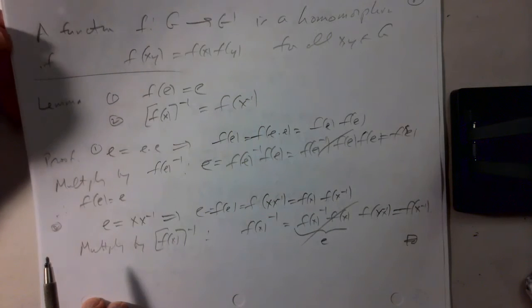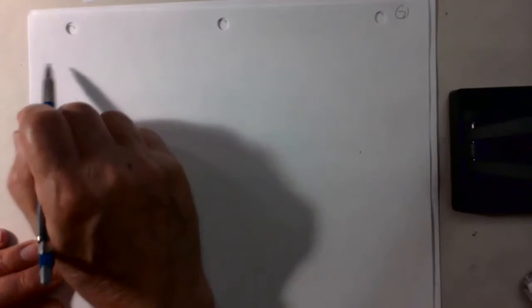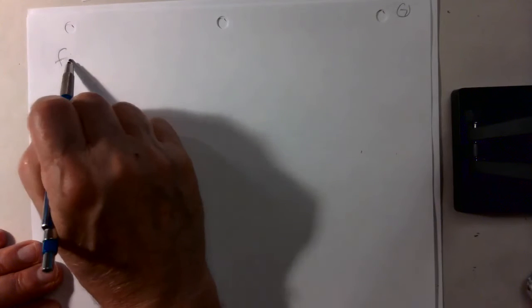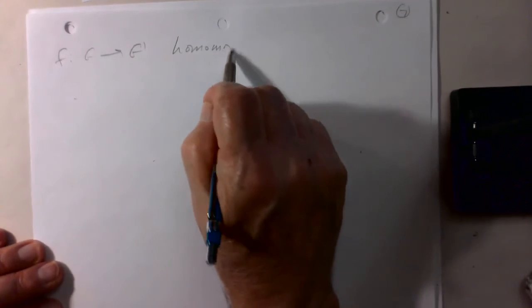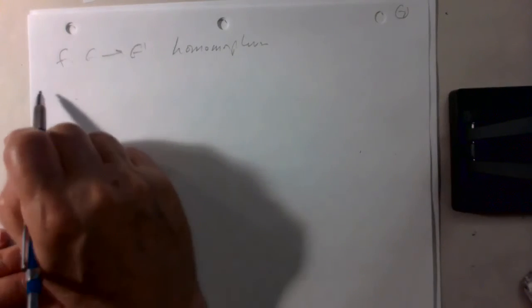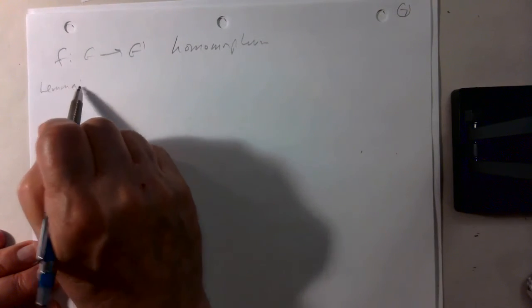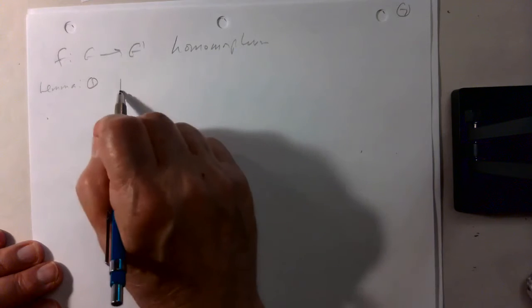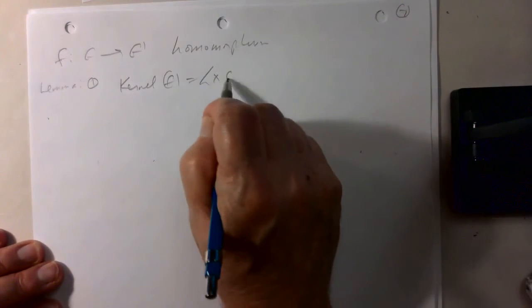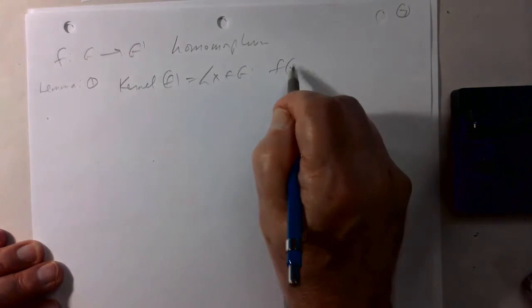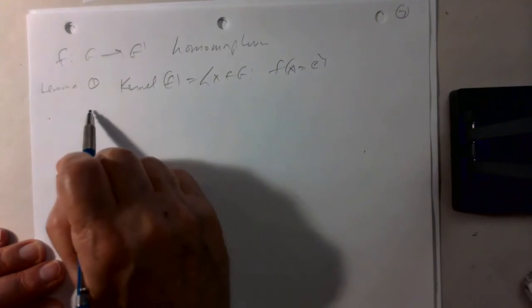What's more important is the following. We have this f from G to G prime, a homomorphism. I'll state this as another lemma. What is called the kernel of f is all elements x in G such that f of x is equal to the identity.